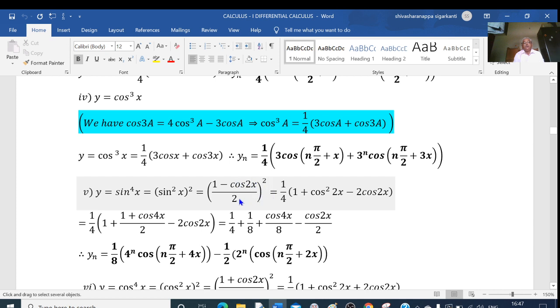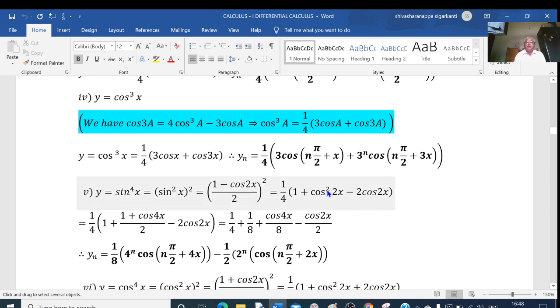This is equal to 1 by 4 into, expanding (a minus b) whole square, a square 1 plus b square cos square 2x minus 2ab, minus 2 cos 2x. Okay, so this is our y.